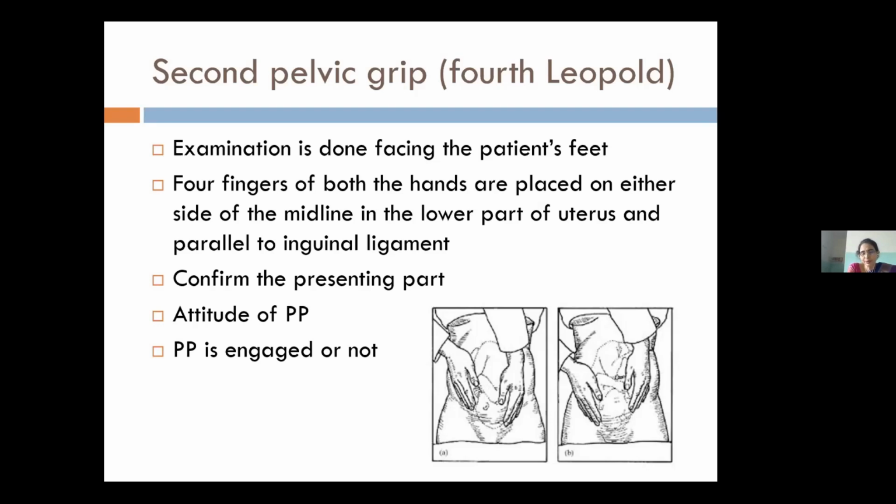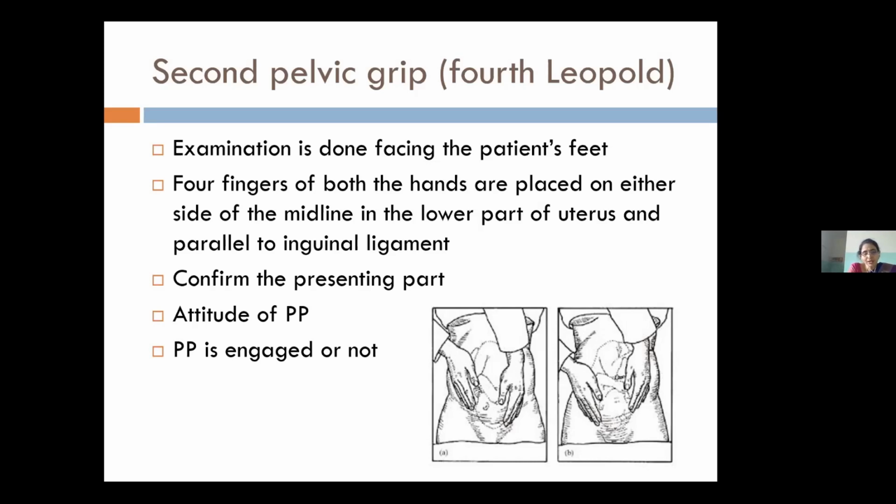If it is a completely flexed head, the occiput is at a lower level than the sinciput. If it is a deflexed head, then both the sinciput and the occiput will be at the same level. By this, you can differentiate whether the head is completely flexed, a vertex presentation, or occipito-posterior, depending upon the relative positions of the sinciput and the occiput.